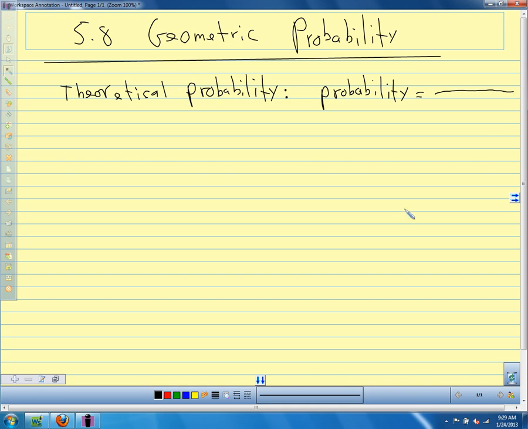Probability we said was the favorable, and I'll write in shorthand first, over the total.